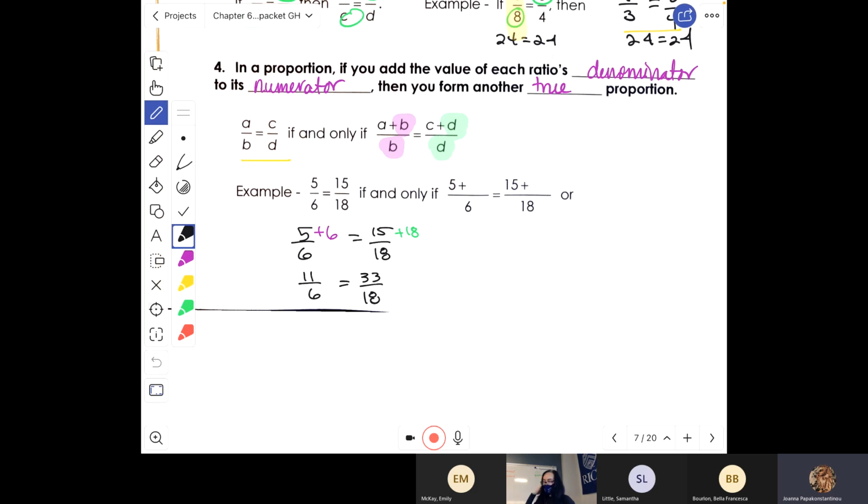And are those two equivalent? Yes, they are, because if I simplified the right-hand side, in other words, if I divide the right-hand side by 3 in both the numerator and denominator, what do I get? Oh, that's nice.